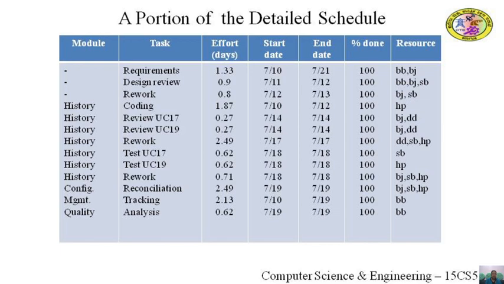The progress of the task is specified as 100% done, and the resources to whom the task is assigned are BB and BJ. Similarly, the table shows every other schedulable task of the phase construction iteration 1.